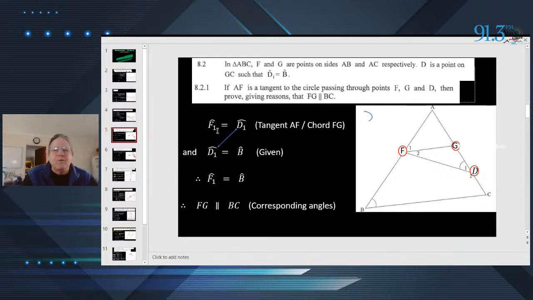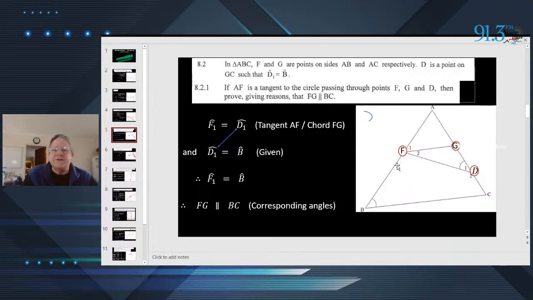So now to prove this one, let's see what we need to prove. AF is a tangent to the circle passing through points F, G, and D. Now, if I have a pen and paper, I use my pencil and I color the vertices of something that they call a circle, because drawing a circle around it normally looks like an egg and it confuses you more than putting little dots or circles where the circle is.